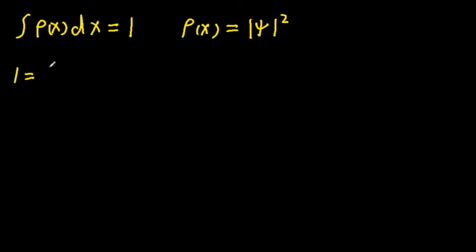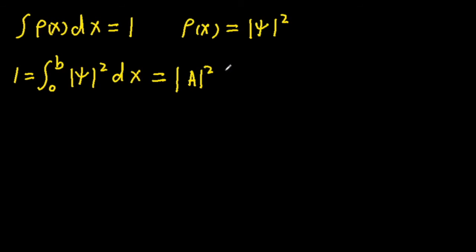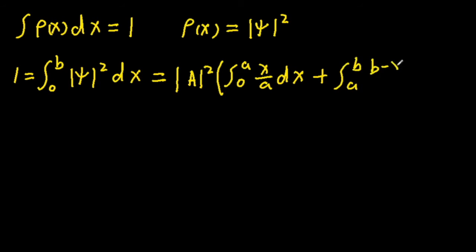So 1 equals the integral from 0 to b of the squared absolute magnitude of psi dx, which is the squared absolute magnitude of capital A times the integral from 0 to a of x over a dx, and the integral from a to b of minus x over b minus a dx.